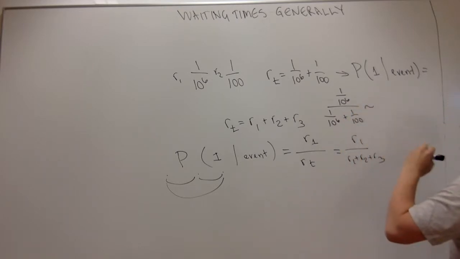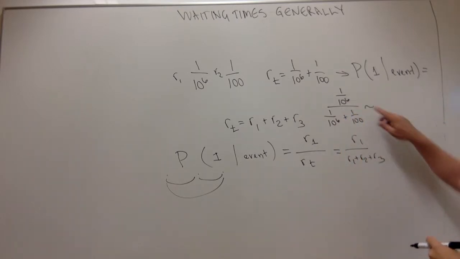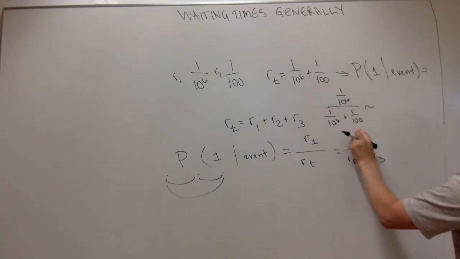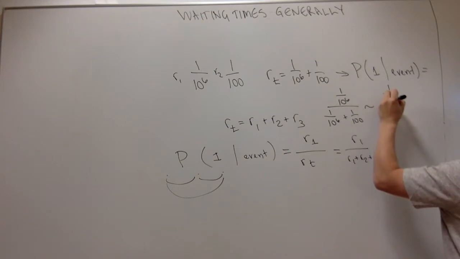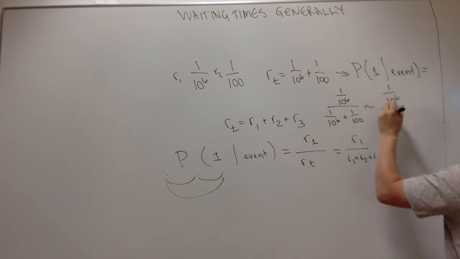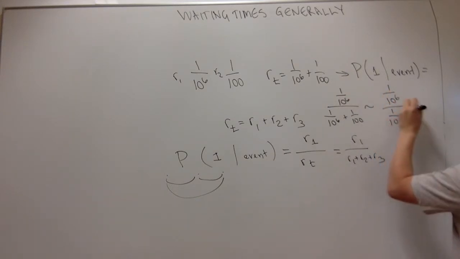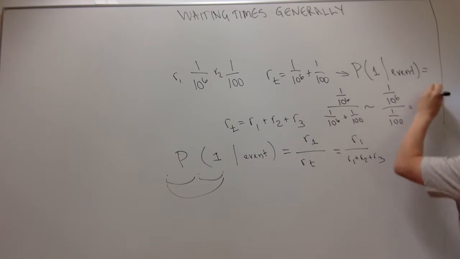Since this number is much smaller than this number, this is very close to 1 over 10 to the 6th divided by 1 over 100, or 10 to the negative 4th.